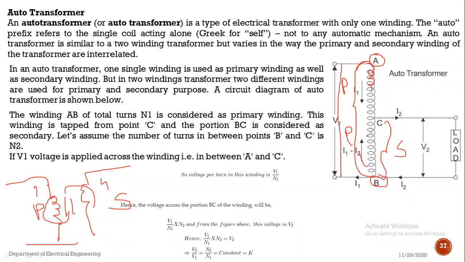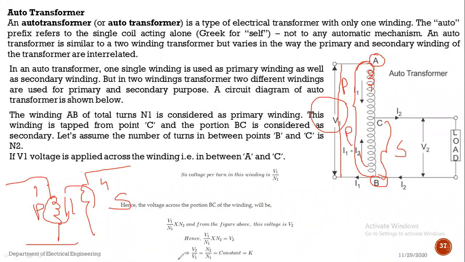Okay, pay attention. See, on the primary side a supply voltage is given. On the secondary side a load can be connected. See, what will happen?